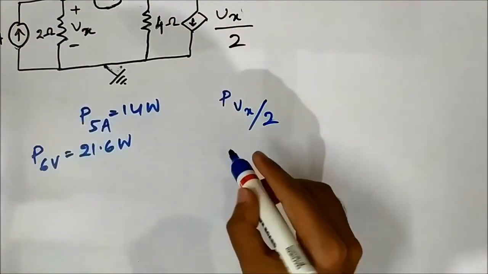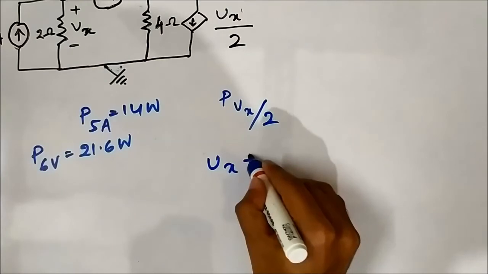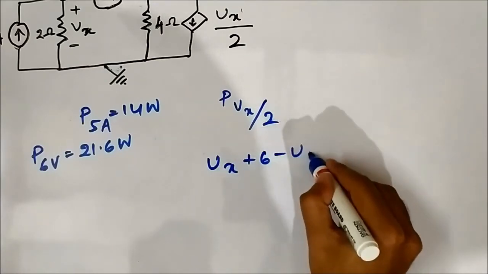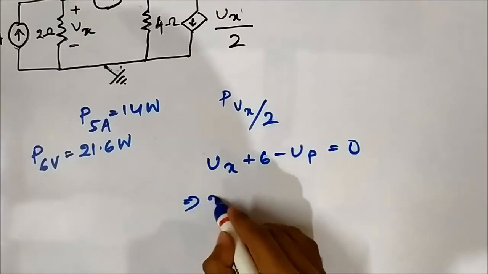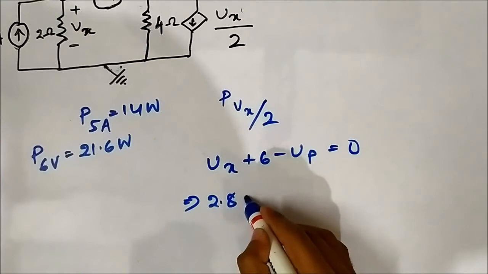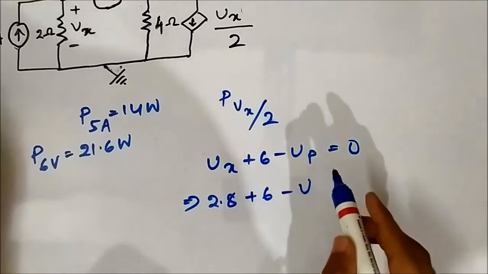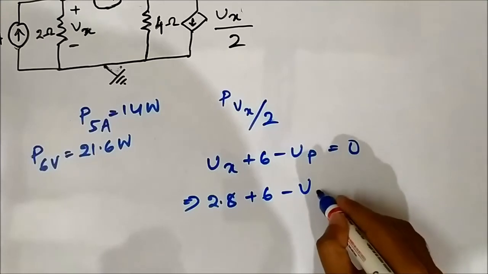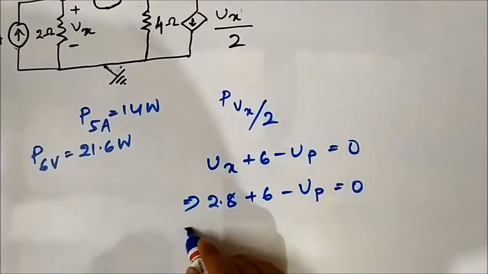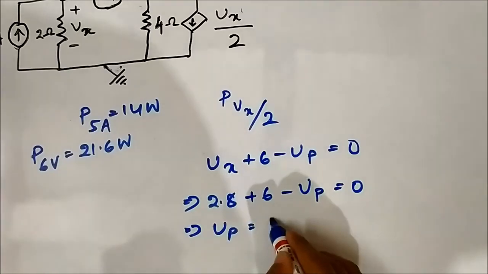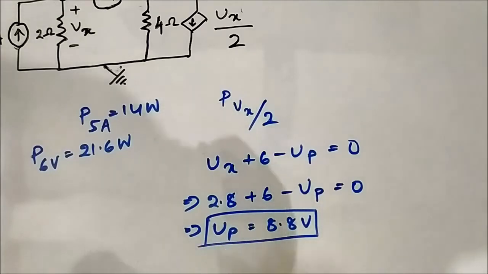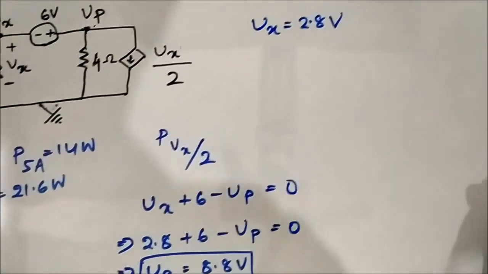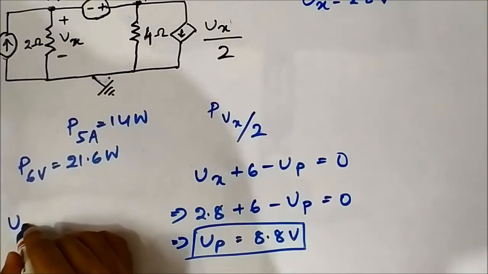So the auxiliary equation, we know that Vx plus 6 minus Vp is equal to 0. Vx we have calculated as 2.8, so 2.8 plus 6 minus Vp is equal to 0. So Vp is equal to 8.8 volt. Let us write it down here.